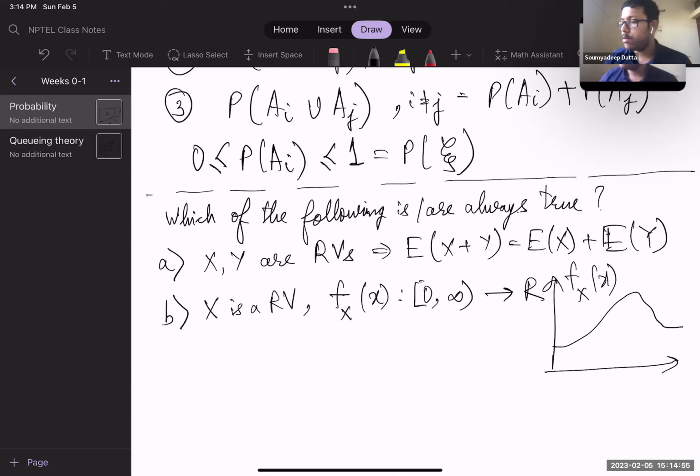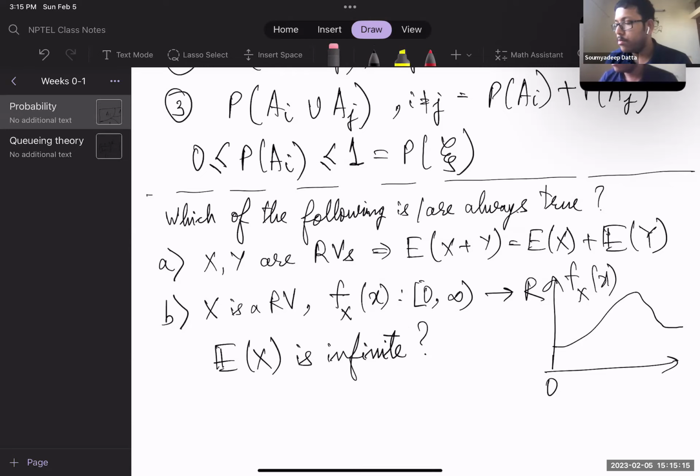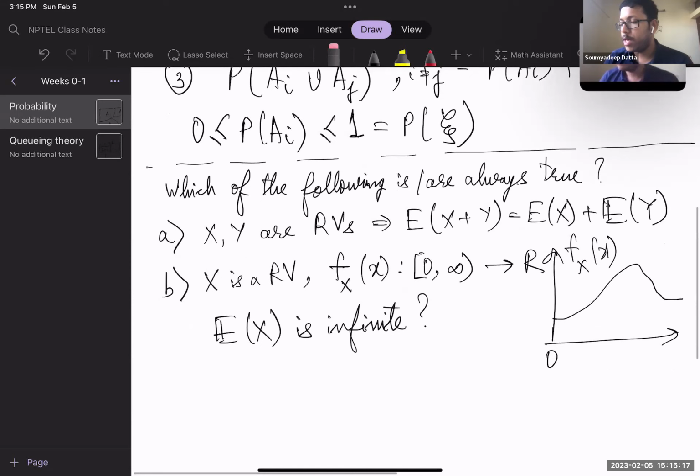It's defined for all of the points taken. So then given this, can we say that expectation of X is infinite? Let's put a question mark. So the X is defined over an infinite set. Can we say that expectation of X is infinite?